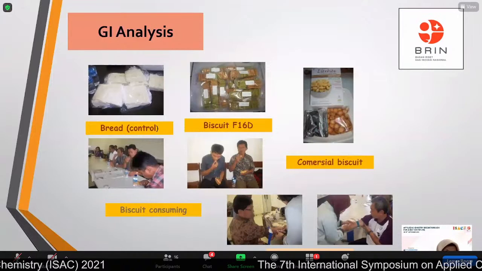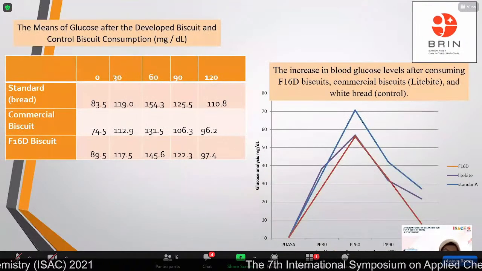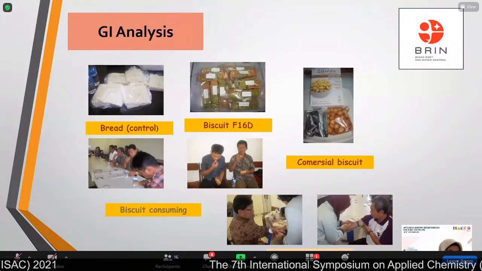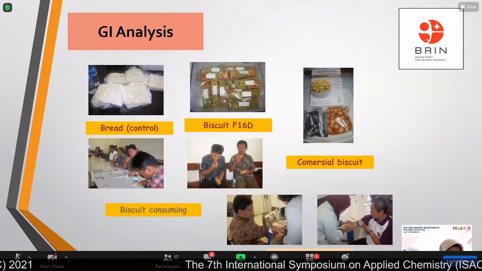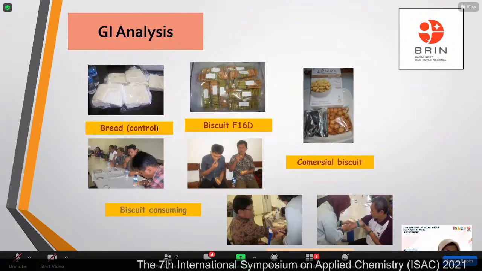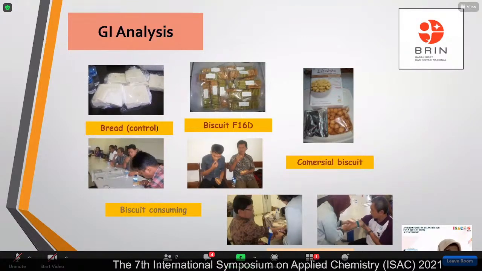And then the subject's capillary blood was taken to measure fasting blood glucose level. Then they ate some food containing 50 gram carbohydrate. Blood samples were taken every 30 minutes: 30, 60, 90, and 120 minutes after consuming the sample food.